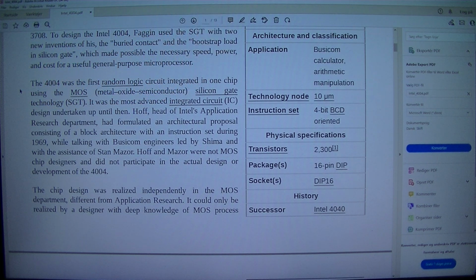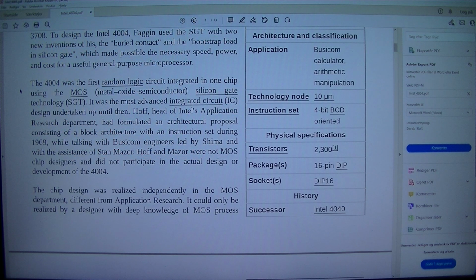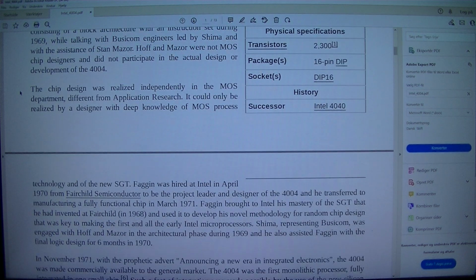Hof, head of Intel's Application Research Department, had formulated an architectural proposal consisting of a block architecture with an instruction set during 1969, while talking with BISICOM engineers led by Schimmer and with the assistance of Stan Maser. Hof and Maser were not Mohs chip designers and did not participate in the actual design or development of the 4004.